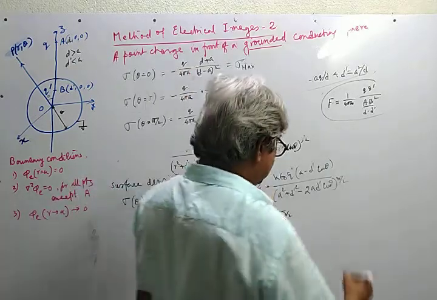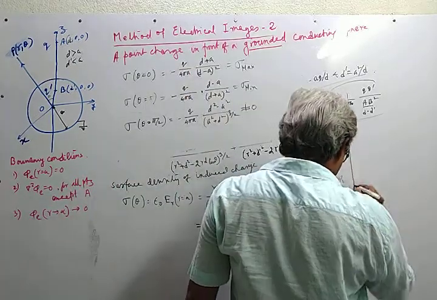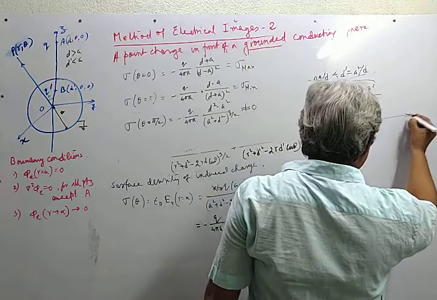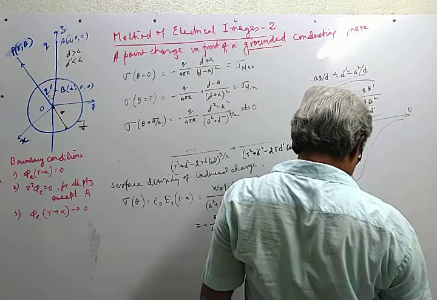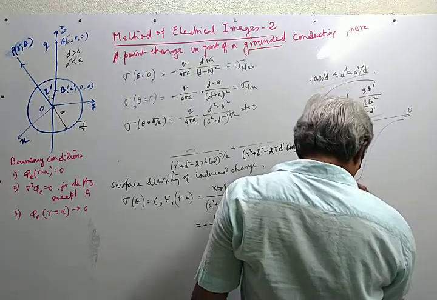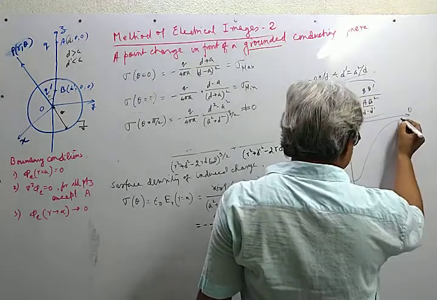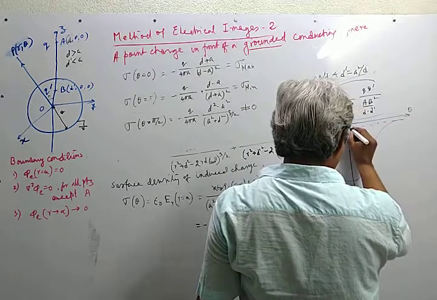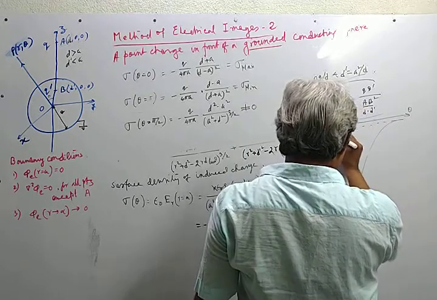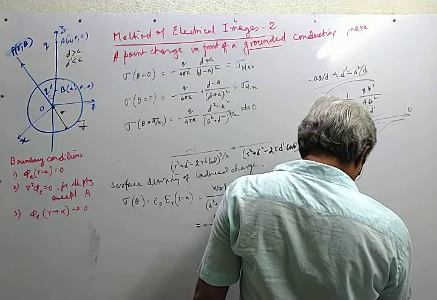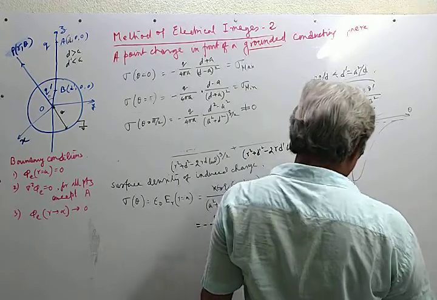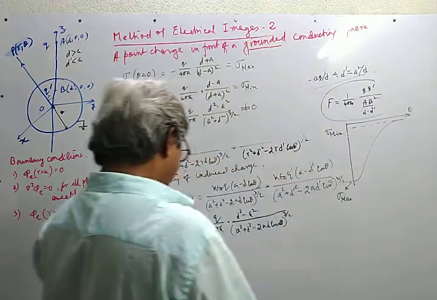So this induced charge density varies with theta. This is sigma max and this is sigma min, and this is sigma max. So this is the variation.